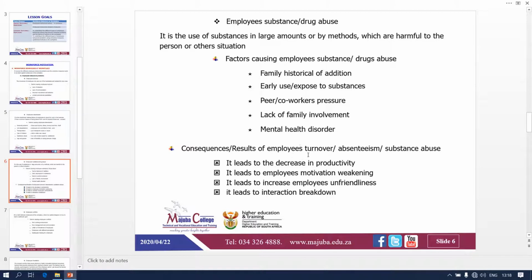So when a person resigns from this company to go to another company, there is a decrease in productivity, a weakening of motivation in that group, maybe the social relationship that was there, an increase in unfriendliness, and the interaction breakdown. You are no more speaking to that particular individual who used to be with you. That also applies when you're absent and when we're dealing with substance abuse. Let's move on.